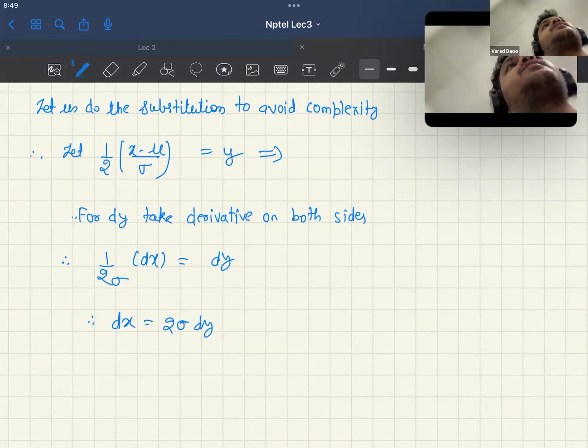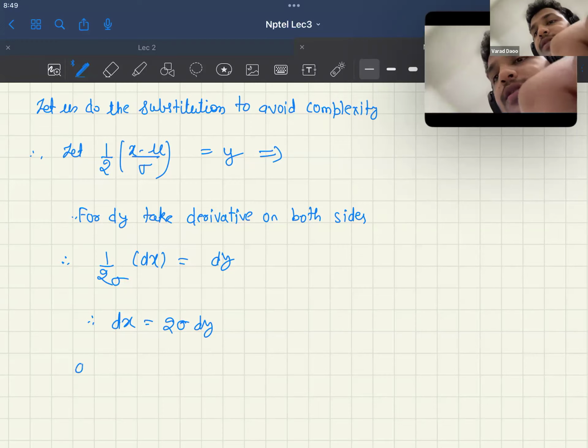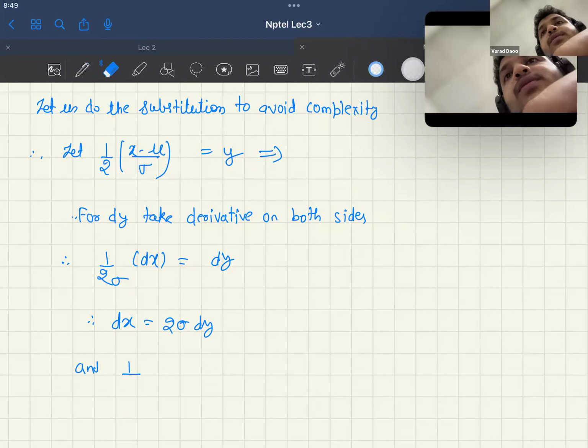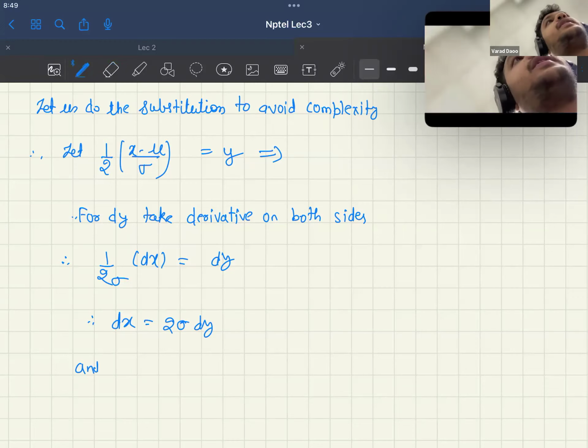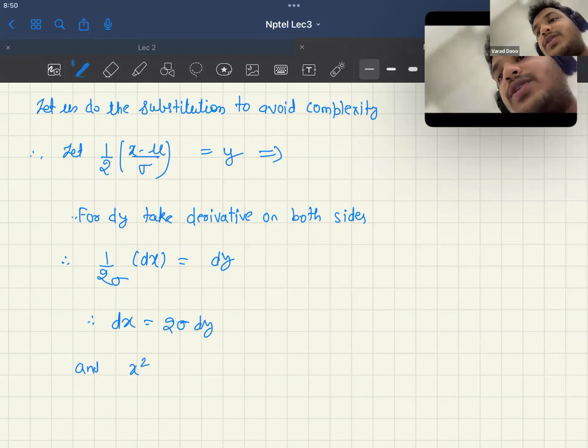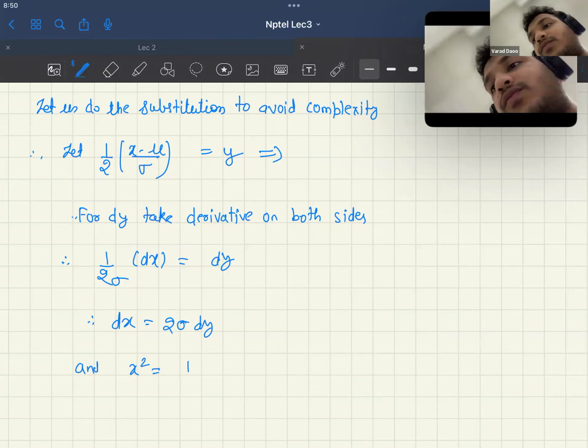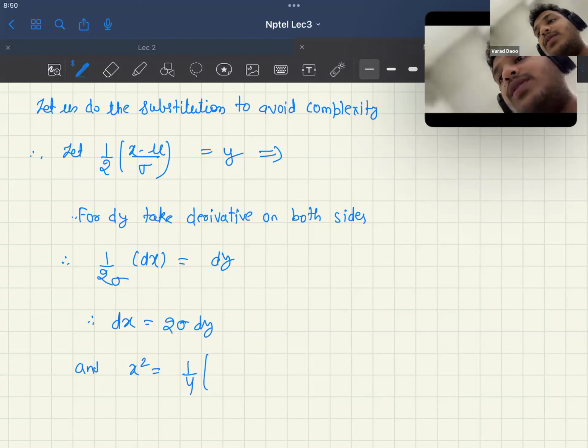And what we are going to have is y square is going to be 1 by 2.